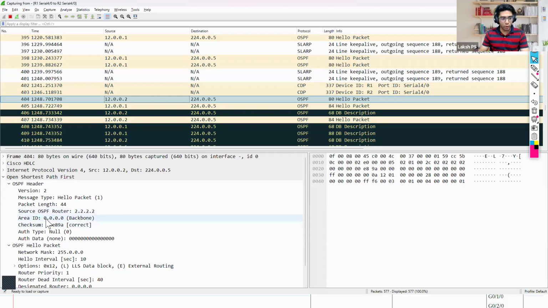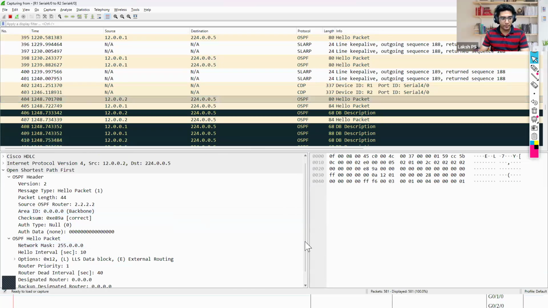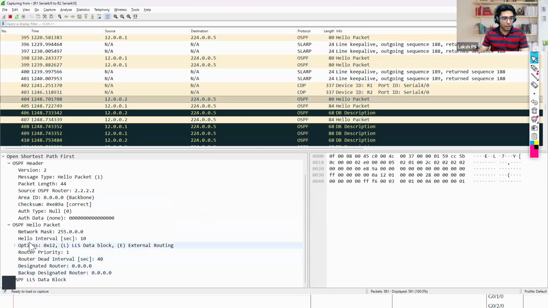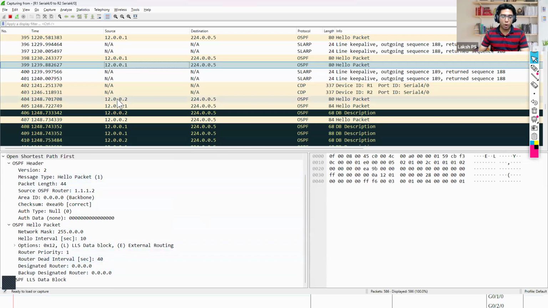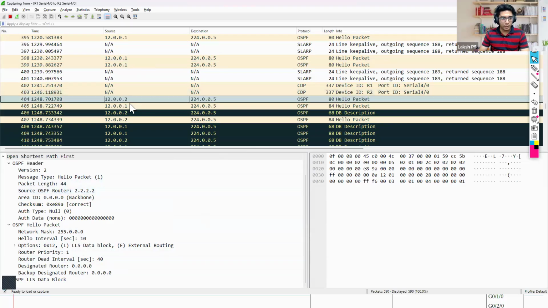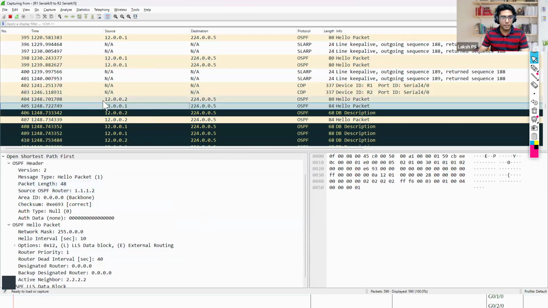It also belongs to area 0, right? The network mask is also the same. Then the hello interval is 10 and the dead interval is 40. We will see the same matching parameters on R1's hello message as well. The router ID should not match. This is R1's router ID.